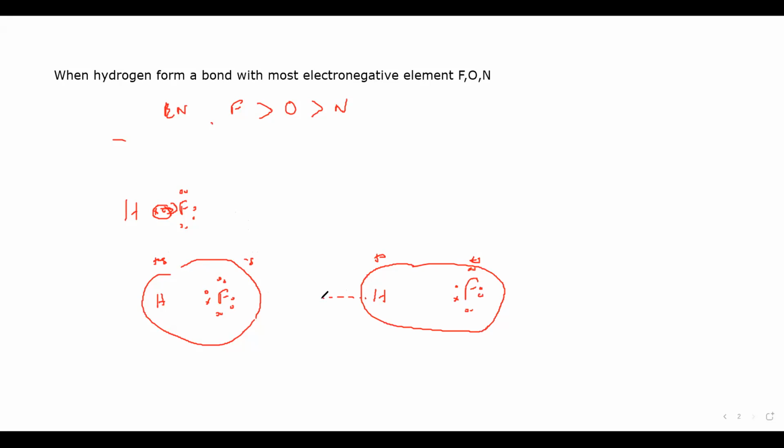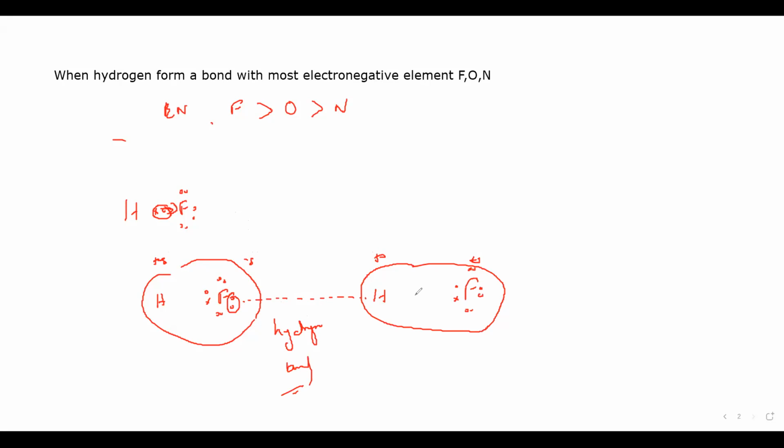The hydrogen is attracted towards the lone pair of electrons present on the other molecule, and this bond between the hydrogen and the lone pair of electrons on the other molecule, what do we call this? We call this a hydrogen bond.